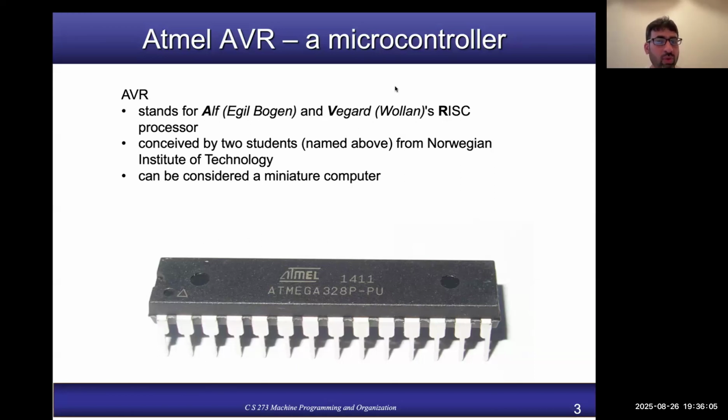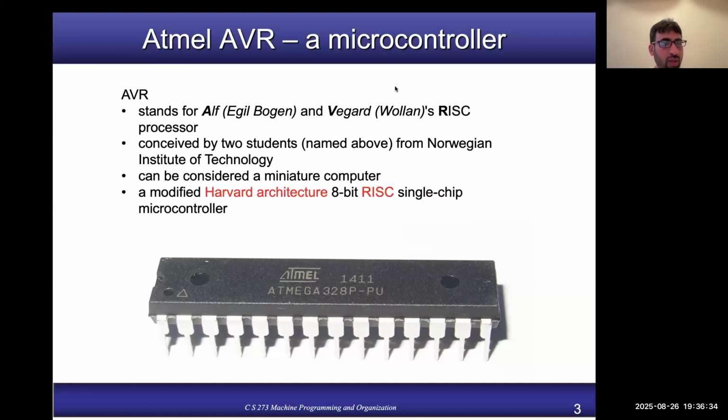Within the single chip you have multiple components: a CPU, a memory chip for both holding data and holding the code, an IO unit to interface with peripherals, and an on-chip component for analog to digital conversion and so on. So everything is contained in a single chip, and you can consider it just a miniature computer.